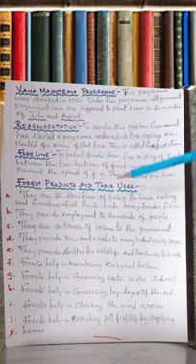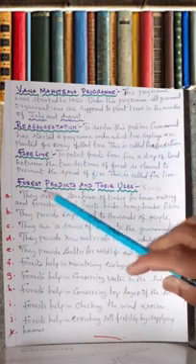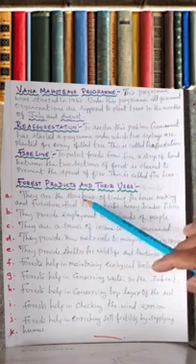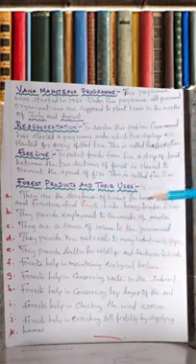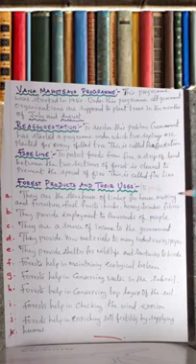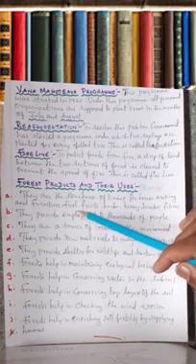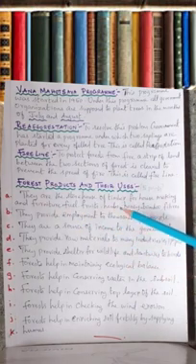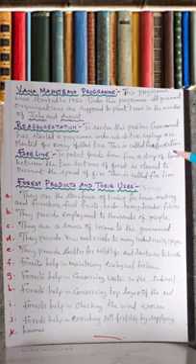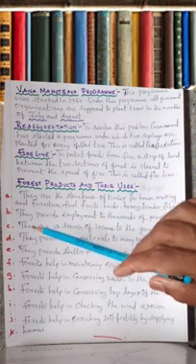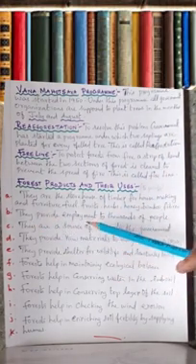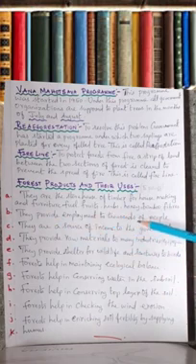Forest products and the uses. First point. They are the storehouse of timber for house making and furniture, fuel, fruits, herbs, honey, bamboo and fibers. Second point. They provide employment to thousands of people.